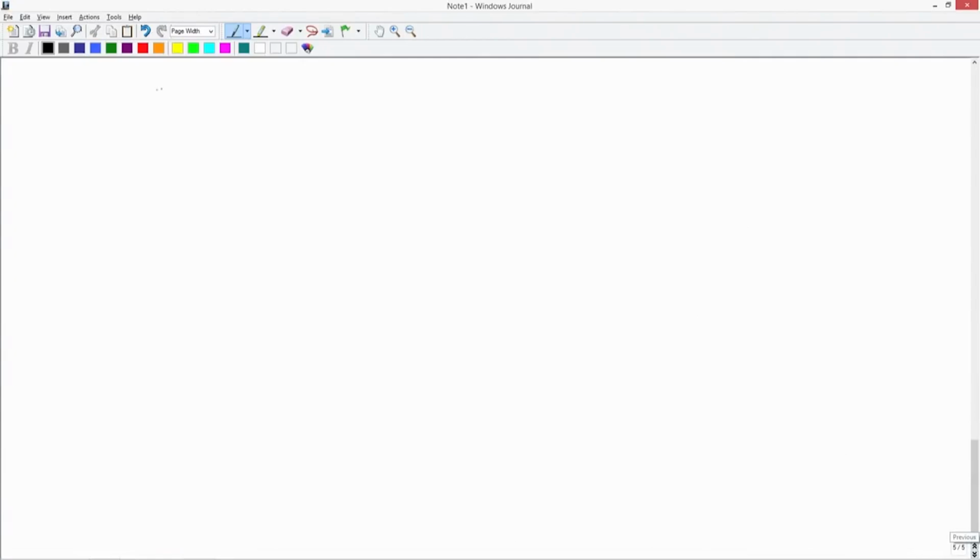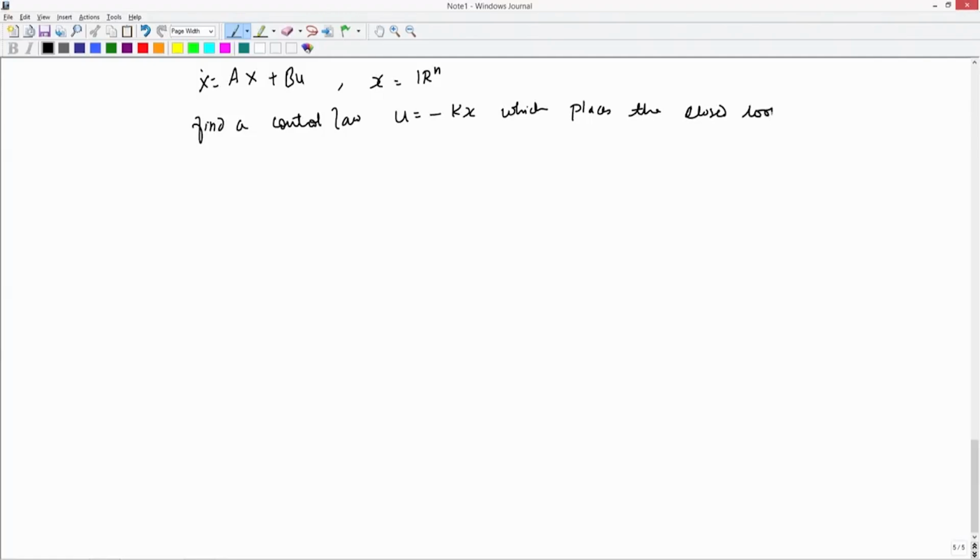So, if you say that given a system x dot is A x plus B u, where x is in some R n, the problem could be: find a control law, again u equal to minus k x, which places the closed loop poles at some values mu 1 till mu n.